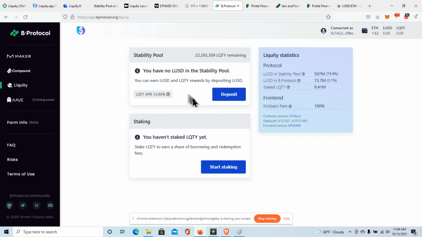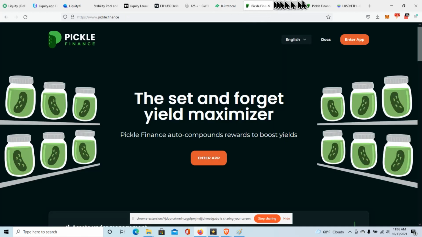Now, another issue is you still accumulate your Liquity rewards, but you have to manually stake it. So you'd have to stake it every time it accumulates. A way to solve that problem is to go and use Pickle Finance. Okay, so you could enter the app.